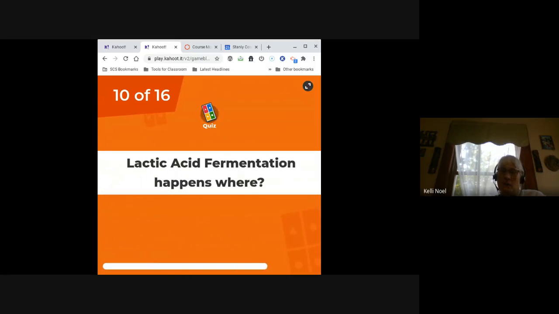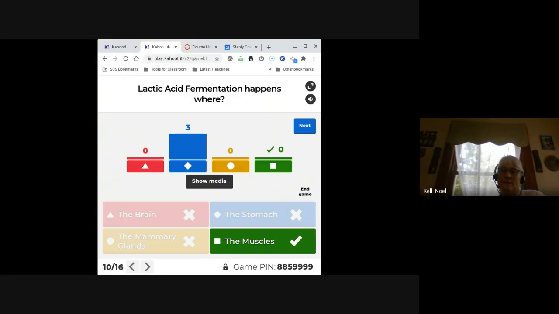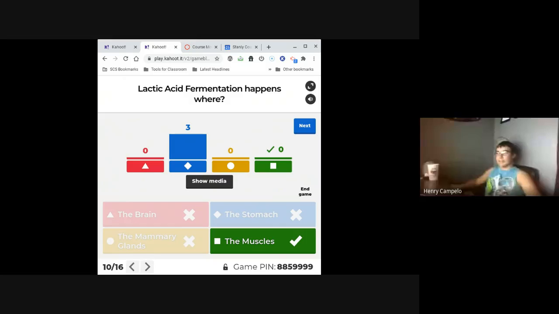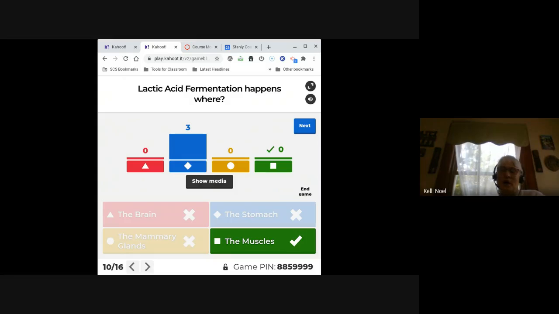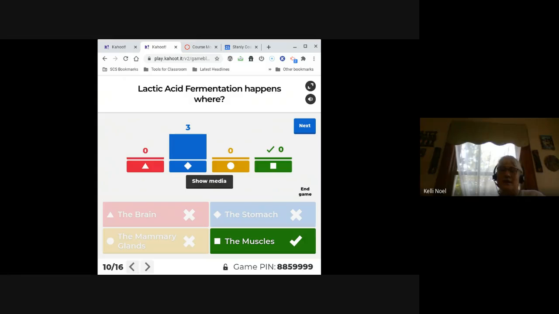Lactic acid fermentation. Lactic acid happens where in our bodies? Think about where we might have the most mitochondria. Oh, right there. Muscles. I know why we picked stomach. You're thinking of lactose intolerance, and you think about the stomach pain you get.